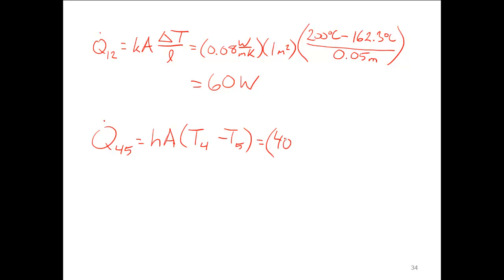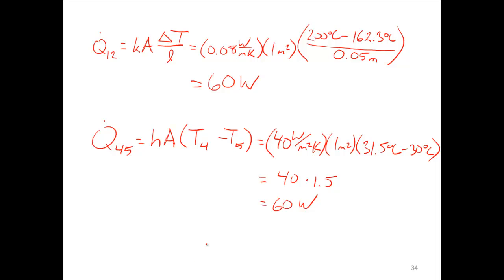So we got 40 watts per meter squared K. Area, again, is 1 meter squared. Temperature at node 4 was what we solved for, 31.5 degrees C, minus the 30 degrees C fixed for the fluid temperature. So we get 40 times 31.5 minus 30, which is 1.5, and that's going to give us 60 watts.